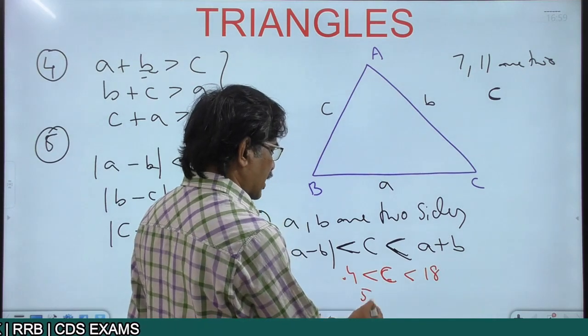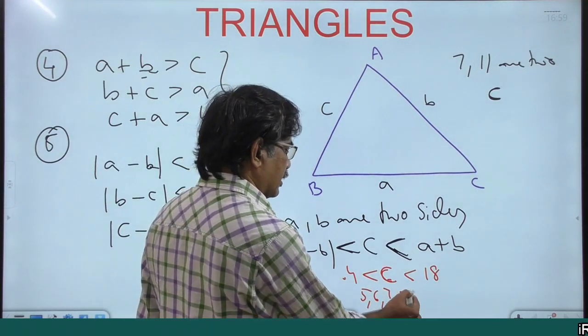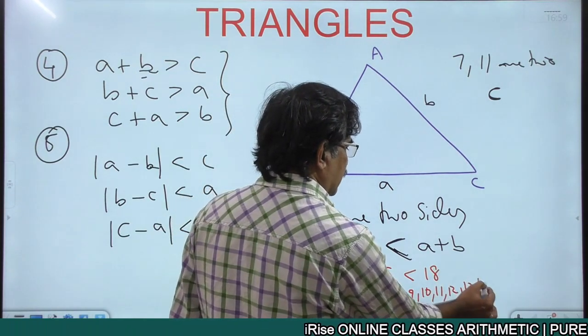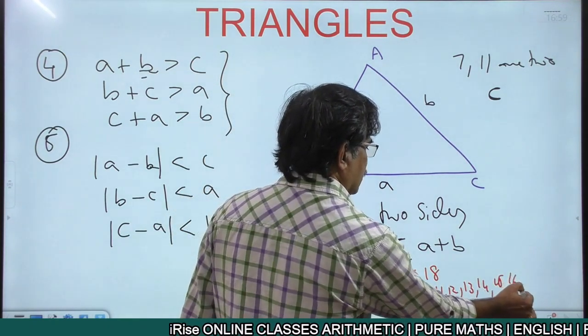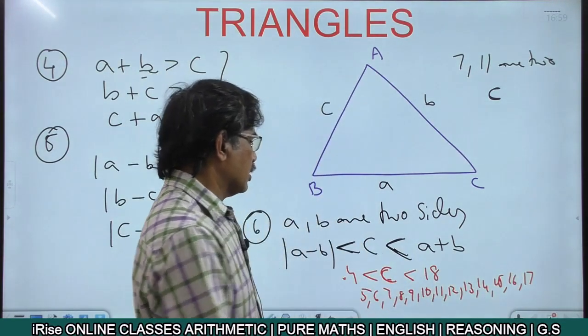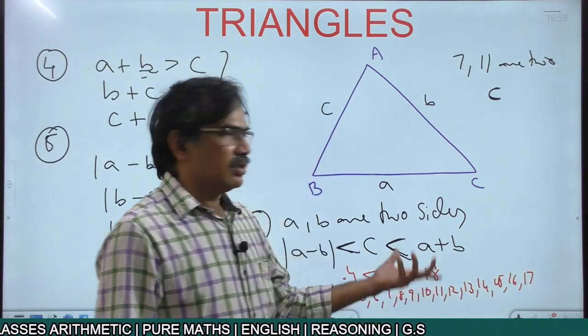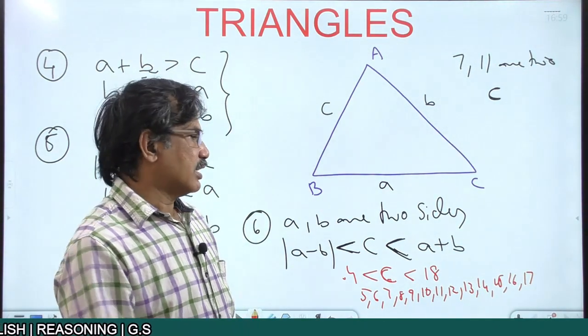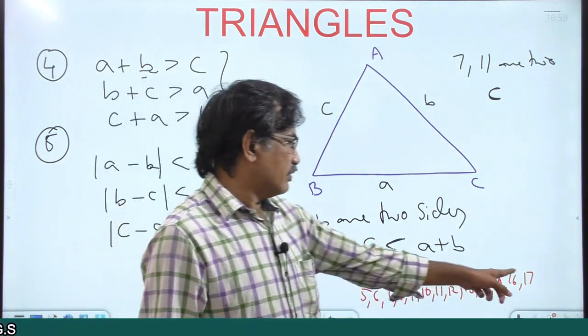More than 4: 5, 6, 7, 8, 9, 10, 11, 12, 13, 14, 15, 16, 17. So for these values, you can take any value of C, and a triangle can be formed. So how many integral values from 5 to 17?